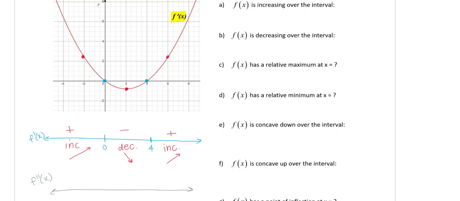So in other words, my second derivative is going to be the same thing as the slope of the tangent line of the first derivative. Because again, it's the derivative of the derivative, and a derivative is really just a slope of a tangent line.